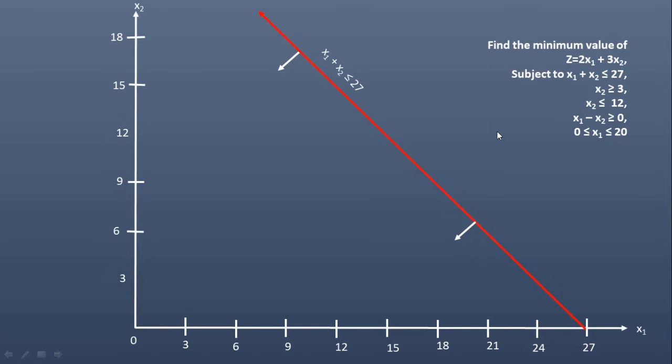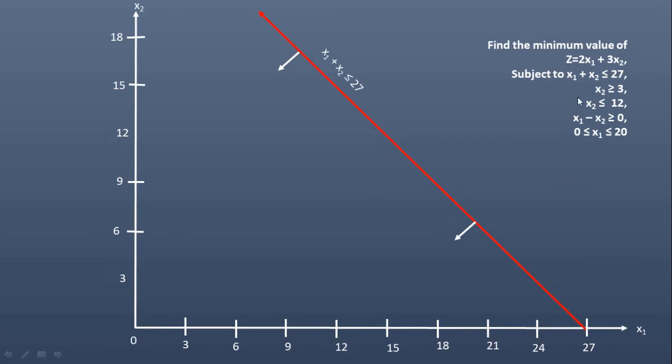If you take any solution above this line, for example 27 and 6, then 27 + 6 = 33, which is greater than 27, not less than or equal to 27. Therefore, any solution above this line does not satisfy this constraint, so the solution will be below this line.